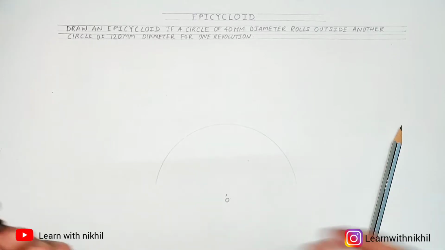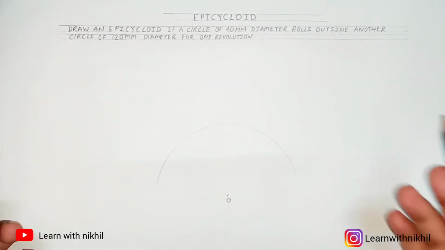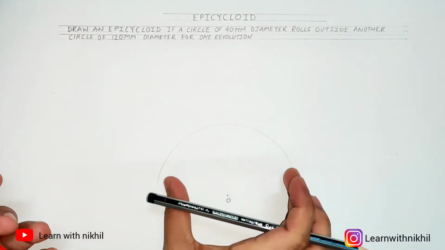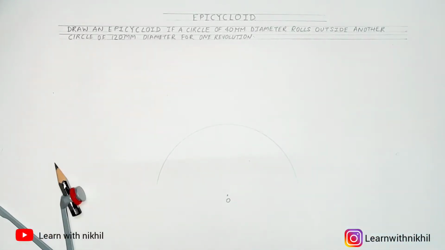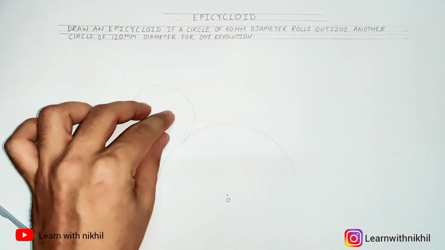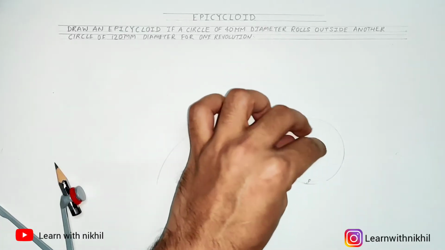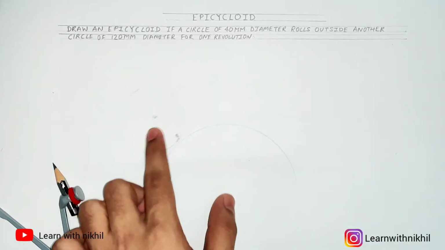Now the question says that in epicycloid, a circle moves on another circle, on the bigger circle. So here we have a smaller circle which rotates on the bigger circle.